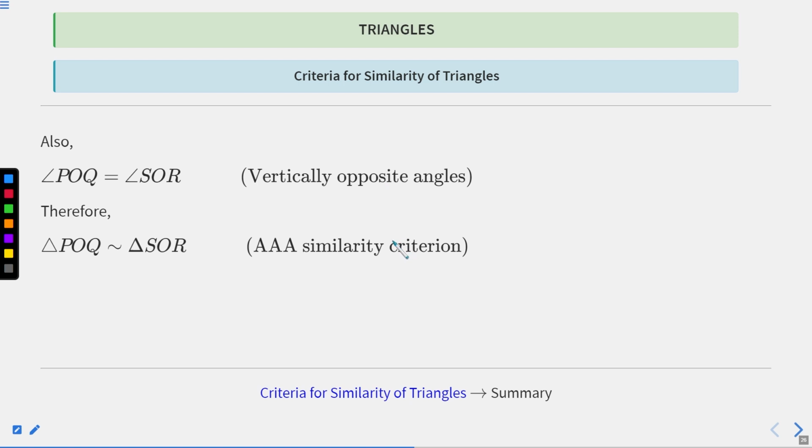Therefore triangle POQ is similar to triangle SOR. Here we use the angle similarity criteria.